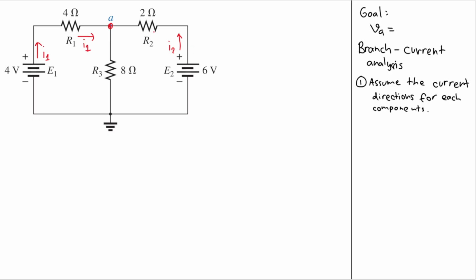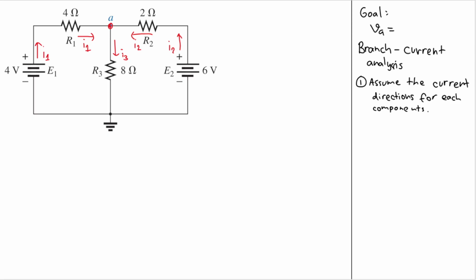The same case here, so the current that passes through R2 goes to the left like this, and the value will be I2. But for R3, I will assume the current goes down like this. So we'll have I3.